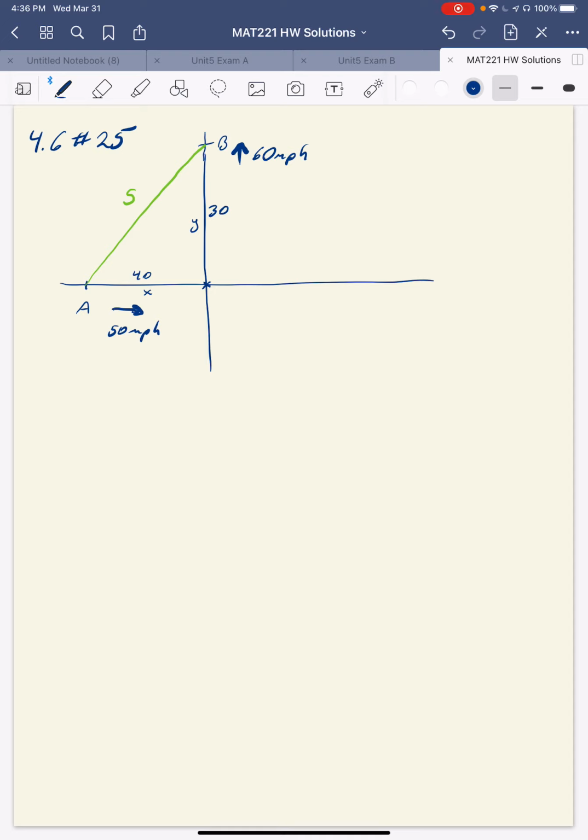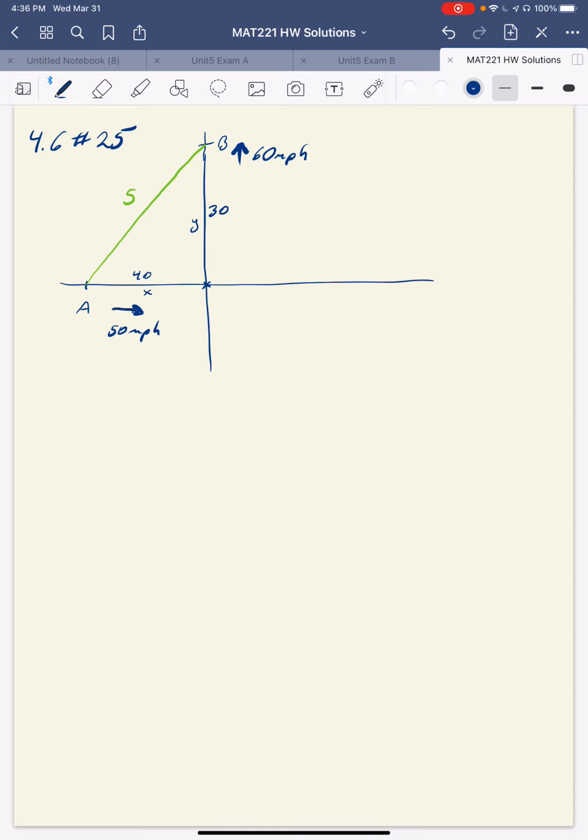So we want to find first, at what rate is the distance between the cars changing? And then we want to know, are the cars getting farther apart or closer together at that particular time? That time is when car A is 40 miles from the intersection and car B is exactly 30 miles from the intersection.